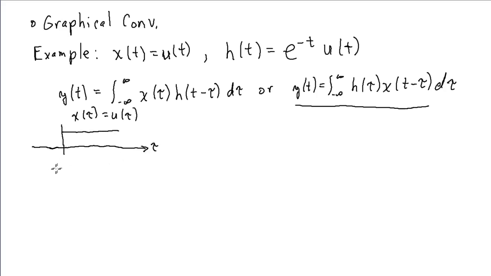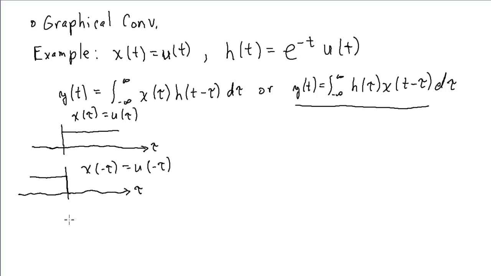Okay, and x of minus tau, the time reversed version of that function, would look like this. Okay, it's 0 for all tau greater than 0. So this is x of minus tau, and that's equal to u of minus tau.